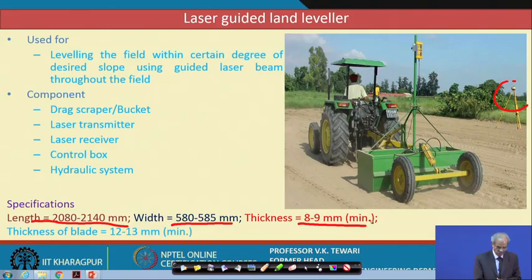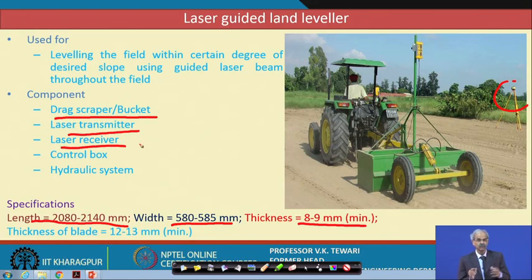And the various components, you can see the drag scraper or the bucket which is there, laser transmitter and laser receiver. You need to know about this. Then the control box which will control the system, and the hydraulic system anyway, which has been told in detail. So, as such in these couple of equipment which I told you about, land reclamation machinery, I think as an agriculture engineer, it's very important for you to have some idea about these, their specifications, their working, their availability, and their general use where they are supposed to be.